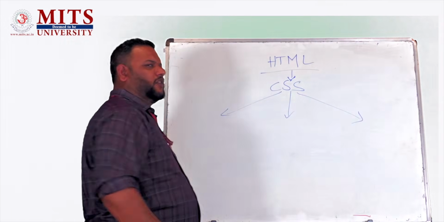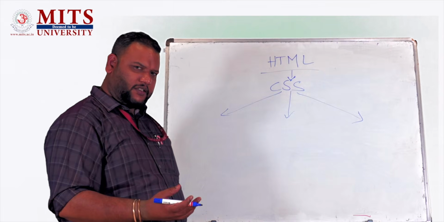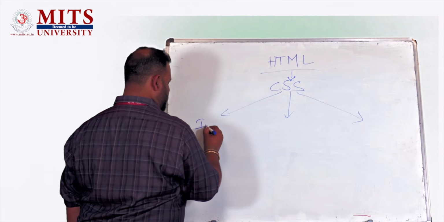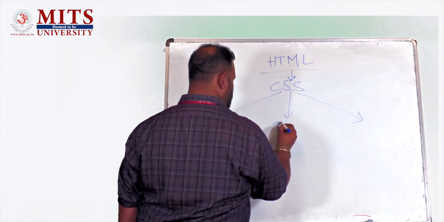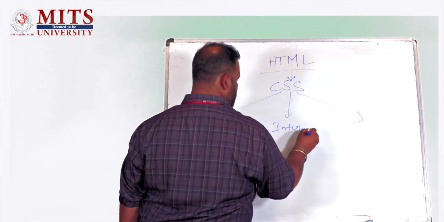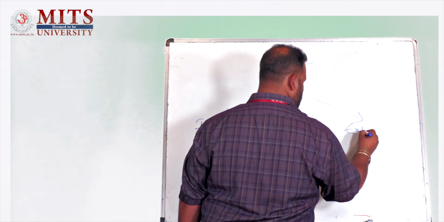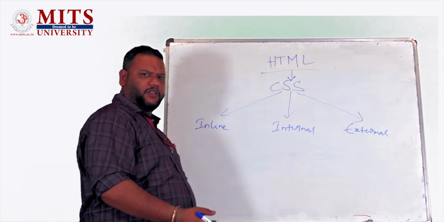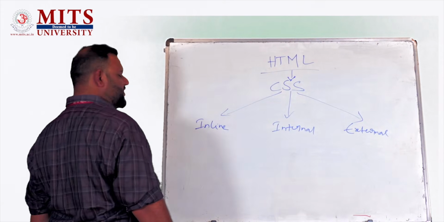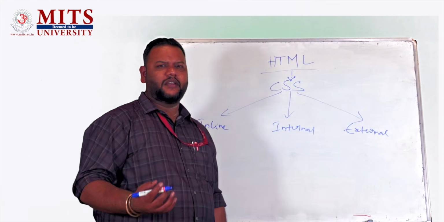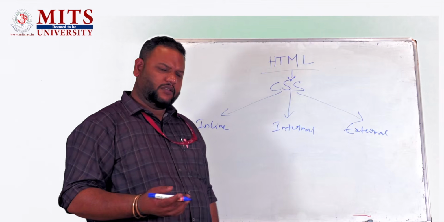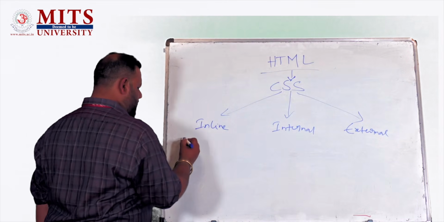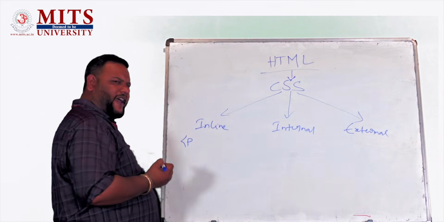So there are three ways we can apply CSS into HTML: inline, internal, and external. So what is inline? Basically, inline is adding CSS on a line basis in the HTML code. For example, we have a p tag.